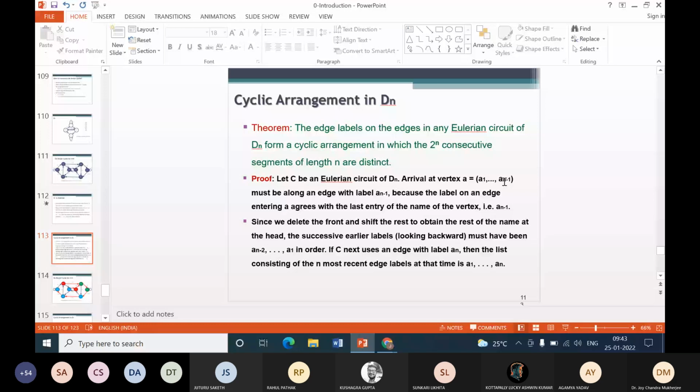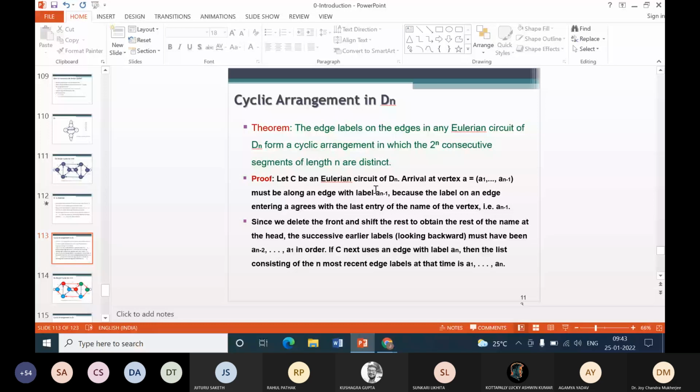So any arrival to this vertex A is through the edge whose level is An minus 1. Why is that so? Because that is clear from our construction: the level of an edge entering A agrees with the last entry of the name of the vertex. So given any vertex, the last bit gives you the edge level of the incoming edges.